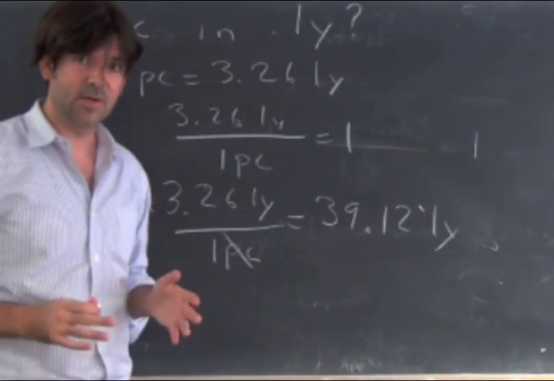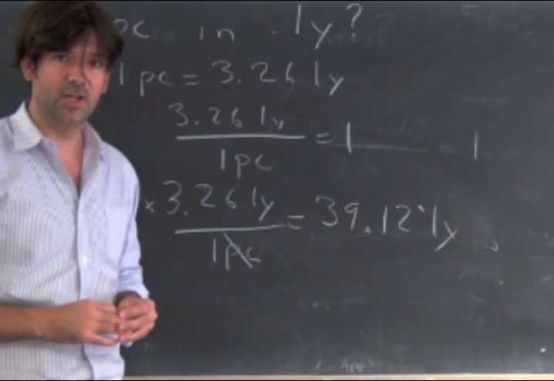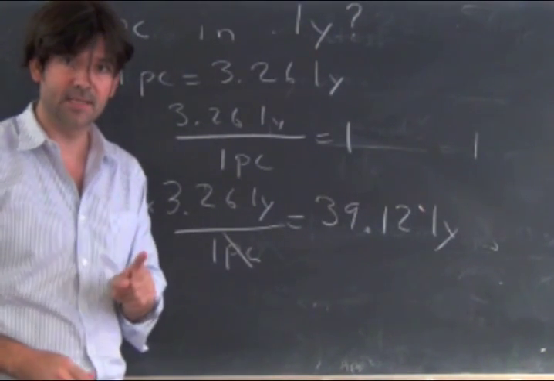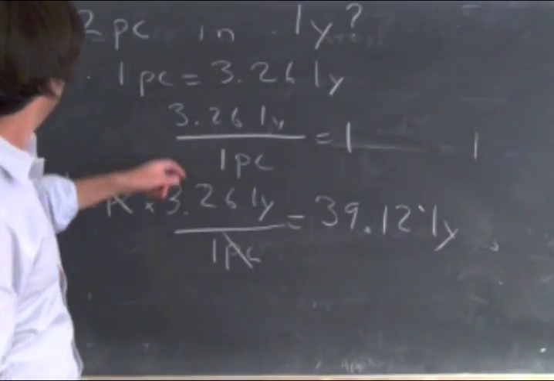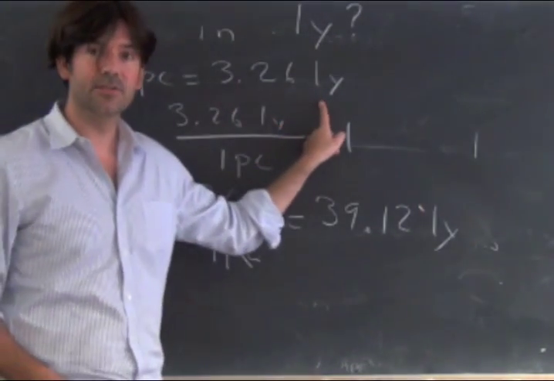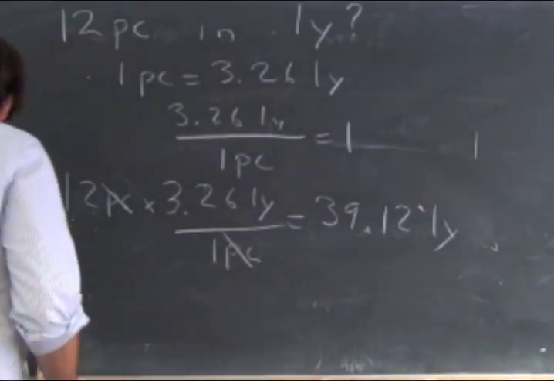All right, now let's try a much more complicated example. Let's suppose that I want to know how far 1 parsec is in kilometers. Well, I know what a parsec is in light years, but how do I convert light years into kilometers?